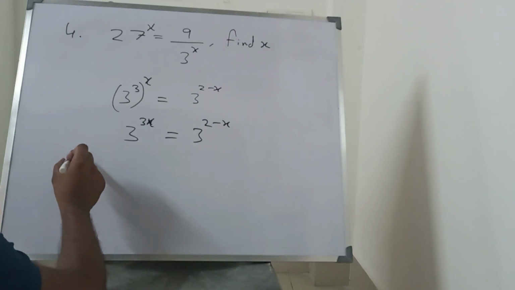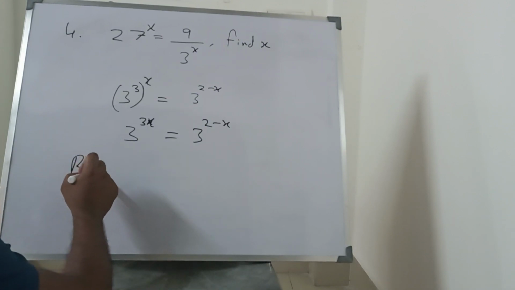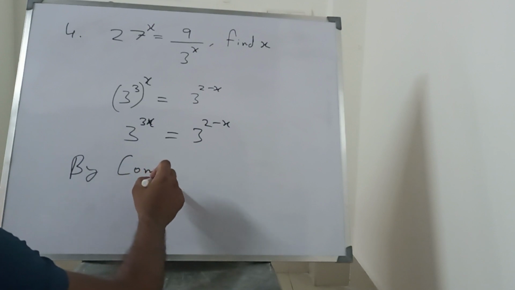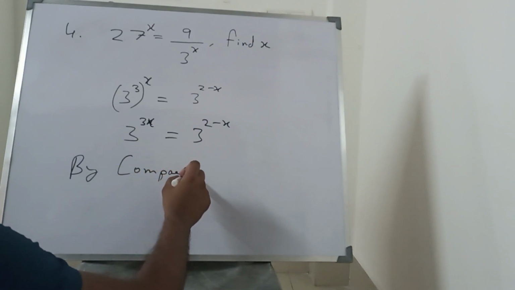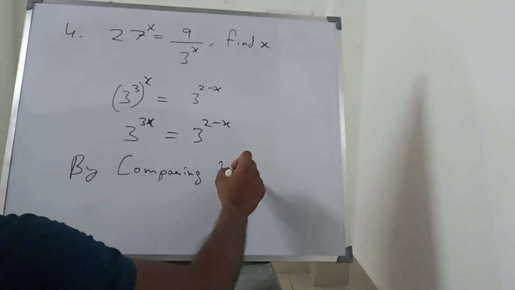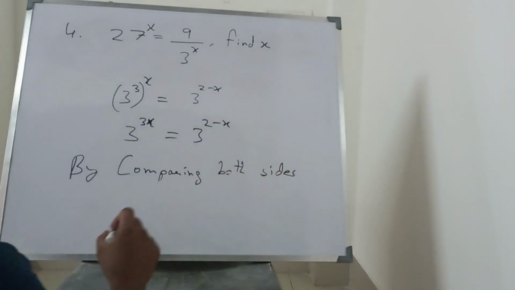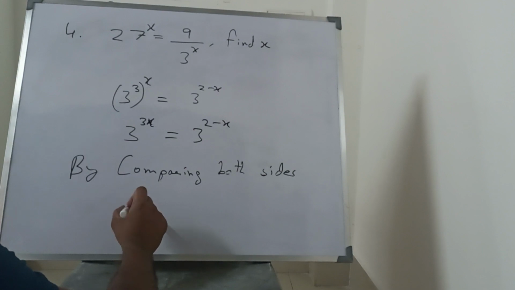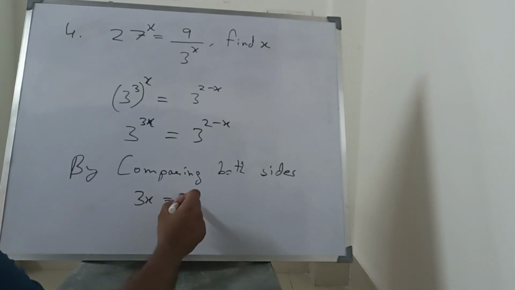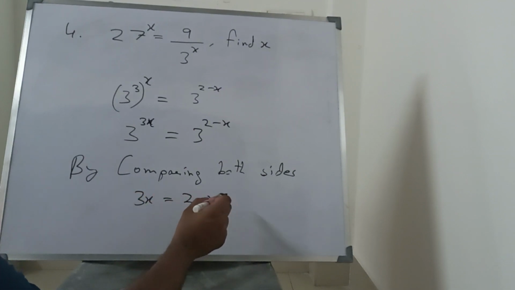that by comparing both sides, you get 3x equals 2 minus x.